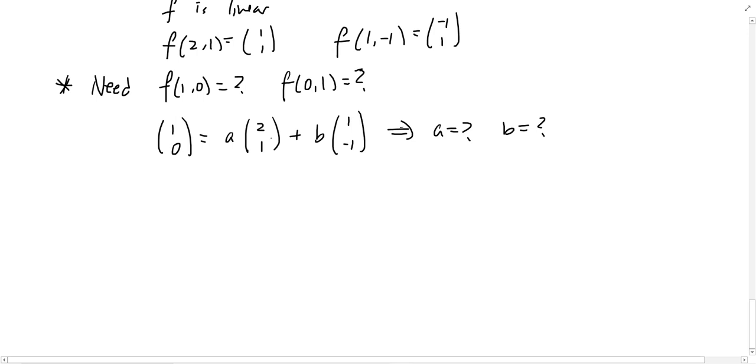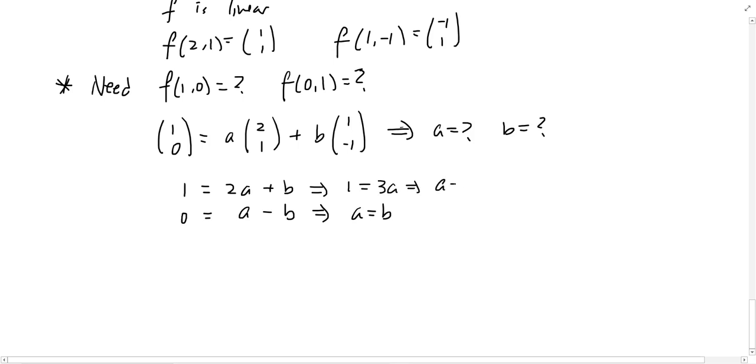If I do that, this basically tells me that 1 is equal to 2A plus B, and 0 is equal to A minus B. So that tells me that A and B are the same, and then 1 would equal 2A plus 1A, which is 3A.